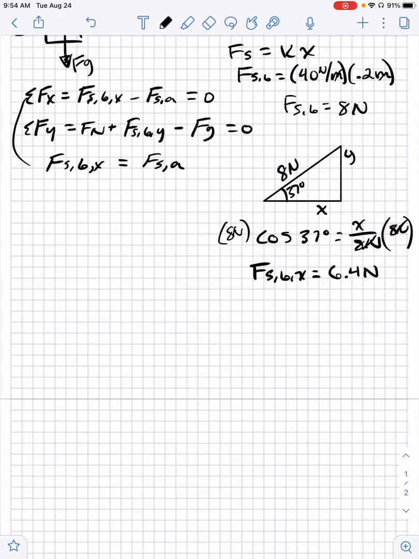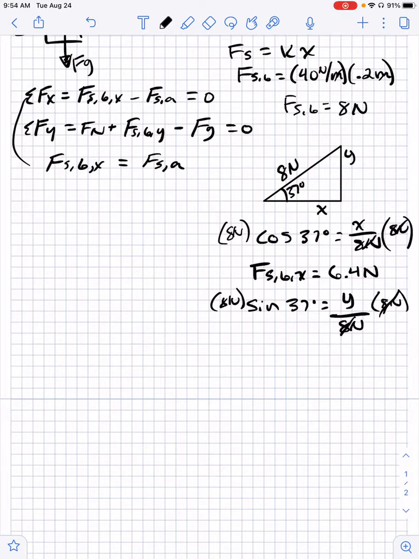So the y part would be the opposite side and the hypotenuse. So we would use the sine function. So that would give me sine 37 is equal to the y component all over 8 newtons. We'll multiply both sides by 8 newtons to cancel that out.